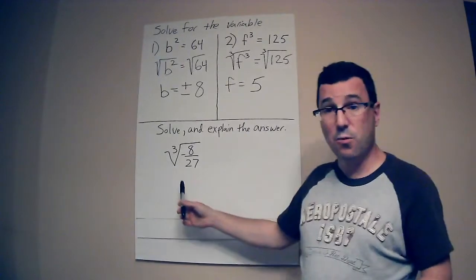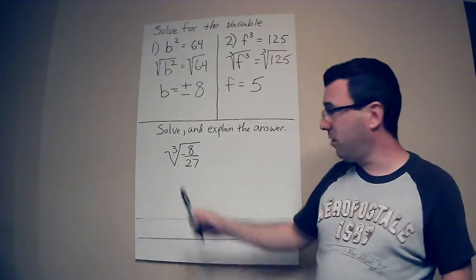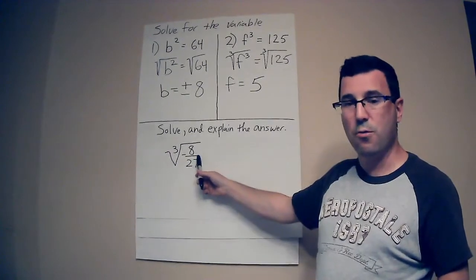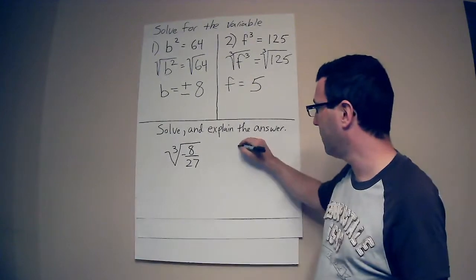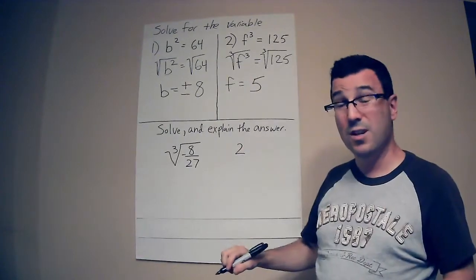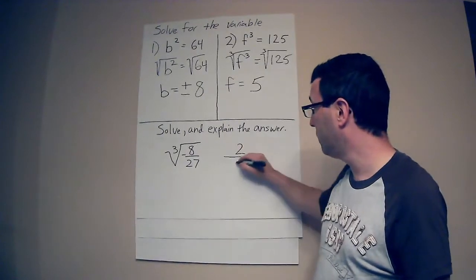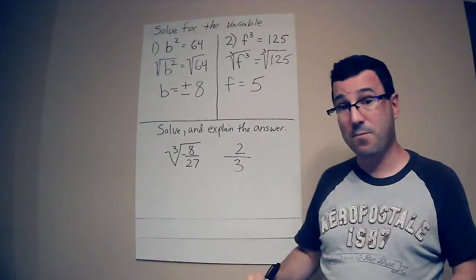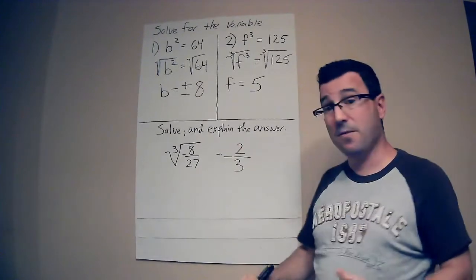In this case, we can look at this and say, well, I'm going to take the cube root of 8 first. The cube root of 8 is 2. The cube root of 27 is 3. And then my answer is going to be a negative.